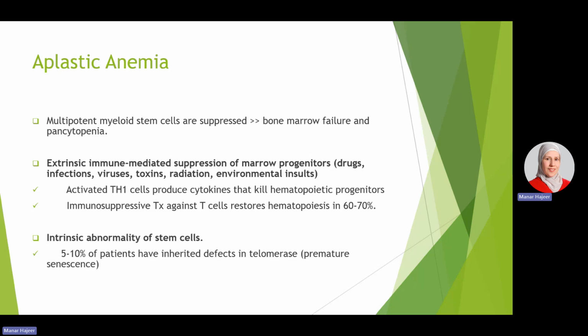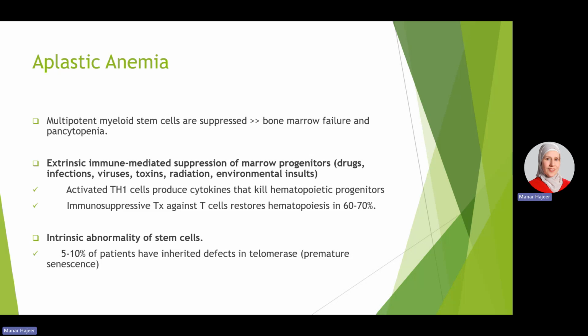So there will be bone marrow failure and pancytopenia: thrombocytopenia, granulocytopenia, and anemia. The causes are either extrinsic immune-mediated suppression of the marrow progenitors, like patients taking drugs, chemotherapy, radiation, toxins, some viruses like parvovirus B19 infection, other infections, and environmental insults.